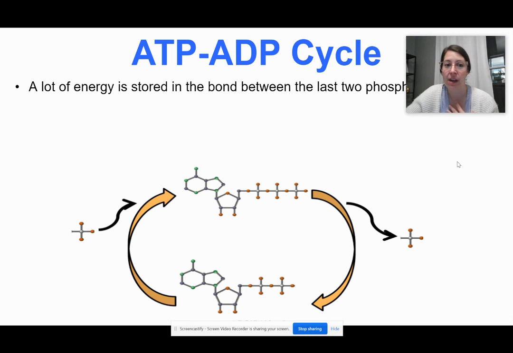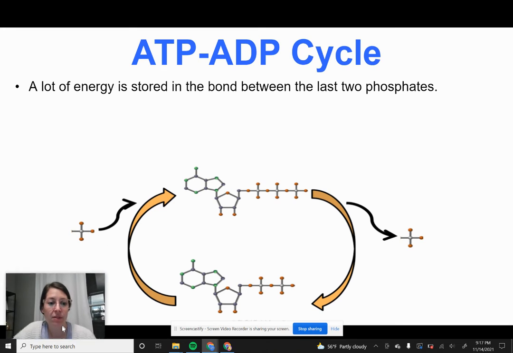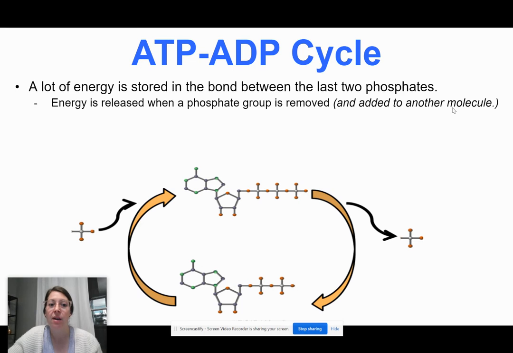So let's look at how that happens. Let's move this over here. So a lot of energy is stored in the bonds between these last two phosphates, and energy is released when a phosphate group is removed and added to another molecule. So when it's added to the other molecule, remember, forming bonds releases energy.